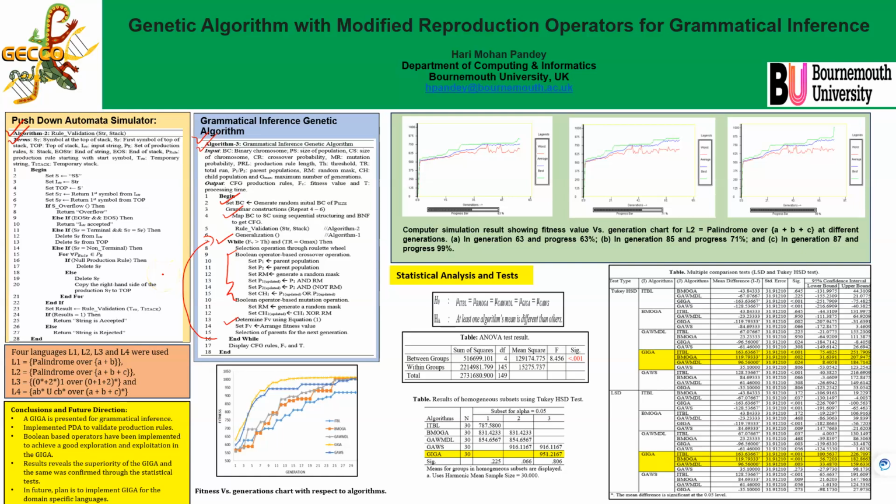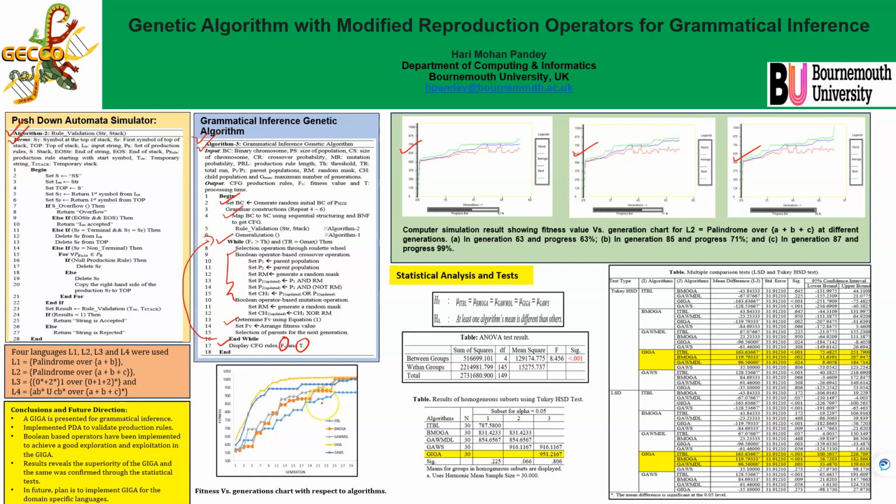If the termination condition is met, then we stop and display the final context-free grammar, fitness value, and elapsed time t. Experimental results reveal that our algorithm was capable of inferring the context-free grammar without getting stuck at a local optimum.